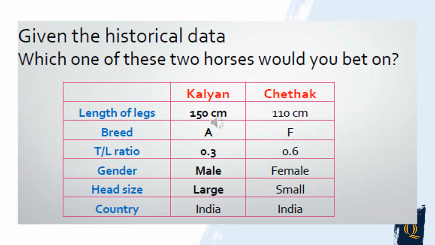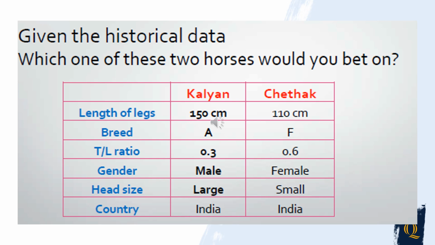Kalin belongs to breed A, which has a 55% win rate, while Chet Hawk is from breed F, which is less successful. T over L ratio. Kalin has a tummy to length ratio of 0.3, which falls into the favorable range, whereas Chetak is higher at 0.6.